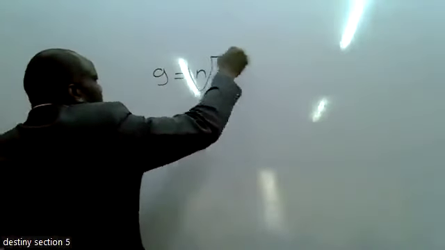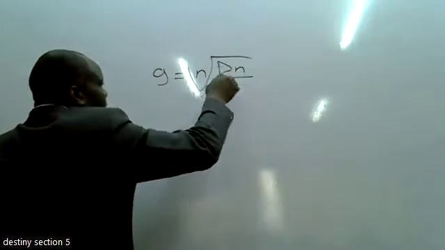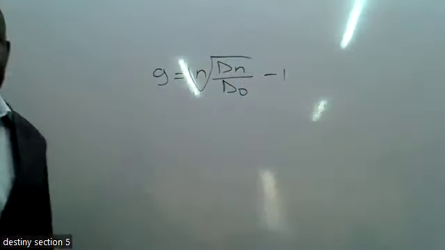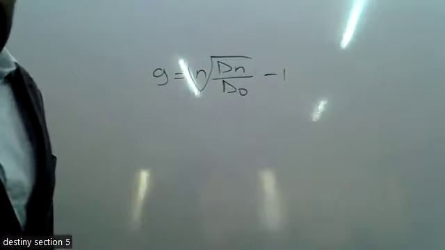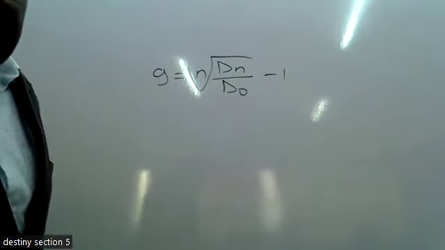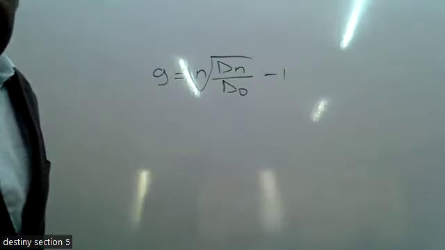G is supposed to be given by Dn divided by D0, raised to the power of 1 over n, then we subtract 1.